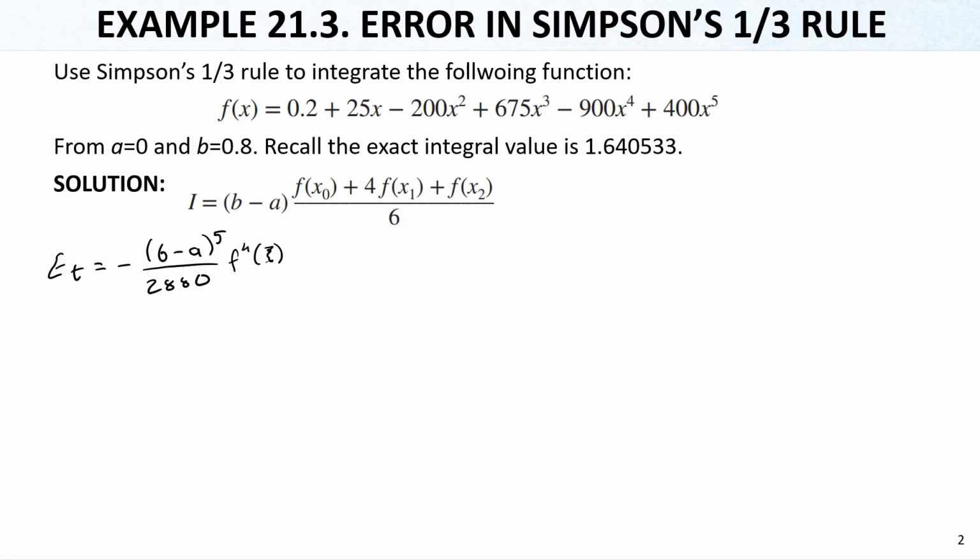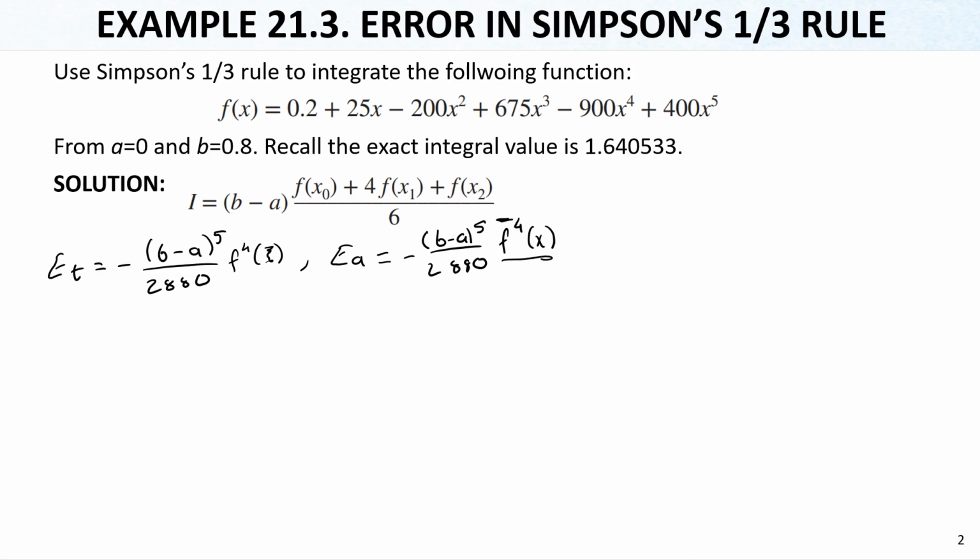And we don't know this psi, so instead of this, we use approximate error, which is minus (b minus a)^5 divided by 2880, with b minus a being 0.8. But in here we have, instead of f4(x), we have f4 of mean x. Once we find it, we just plug this in here and continue.